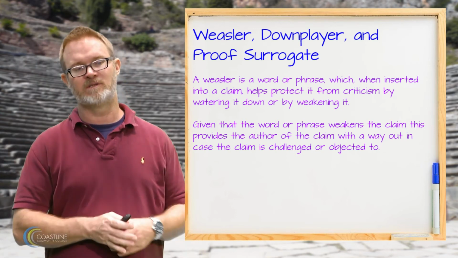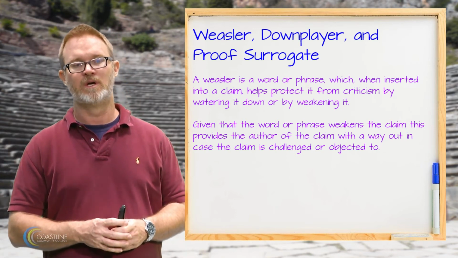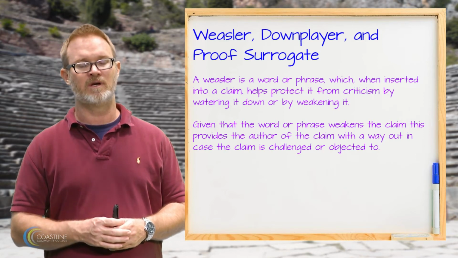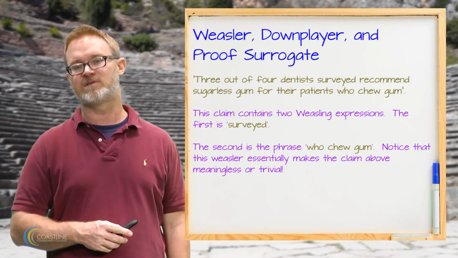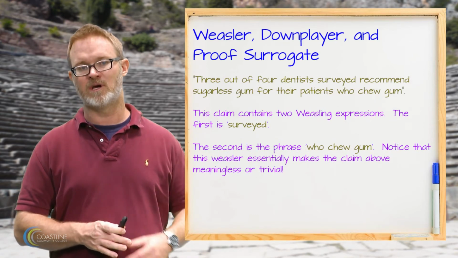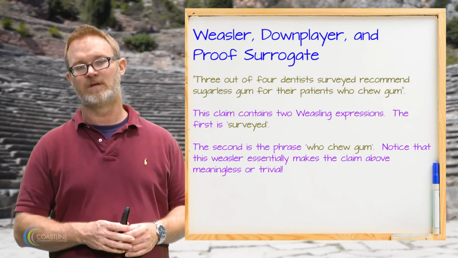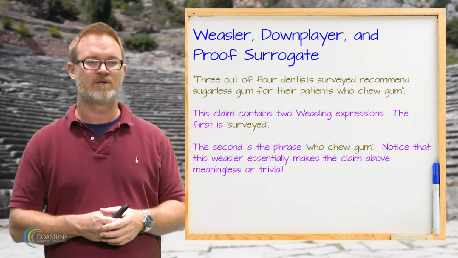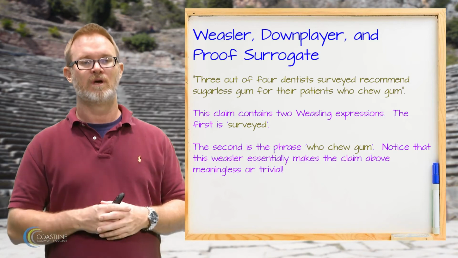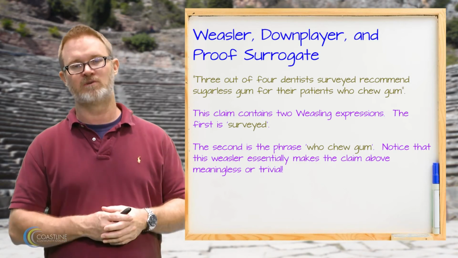Here's another good example with a couple of Weaselers. Imagine you get an advertisement which says, "3 out of 4 dentists surveyed recommend sugarless gum for their patients who chew gum." When you read this statement, it looks like a bold, assertive recommendation for chewing gum.